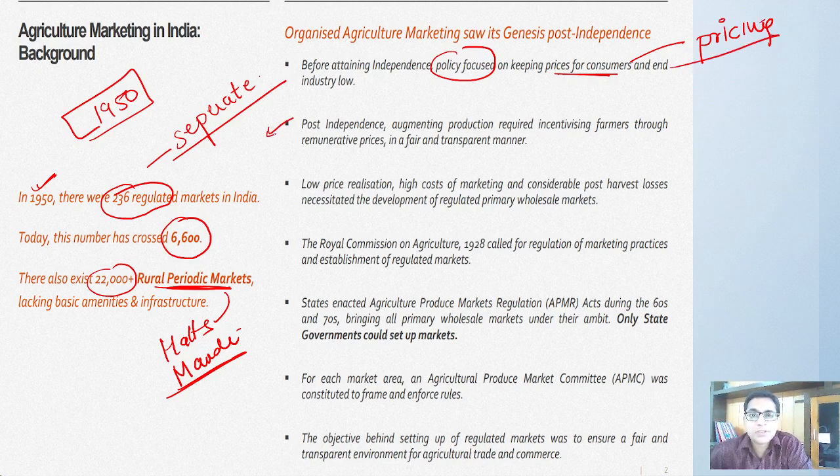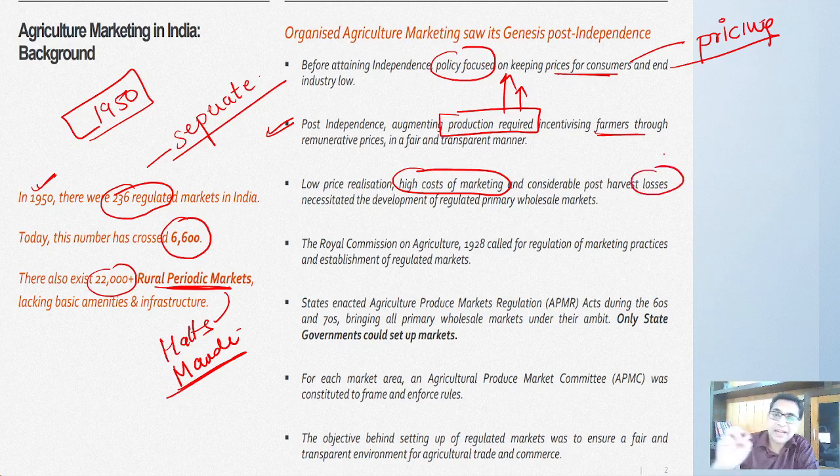Post independence, production required incentivizing; production had to be increased manifold. We have to provide farmers with remunerative and fair prices. Low price realization, high cost of marketing, because the marketing cost was very high and post harvest losses were very high.